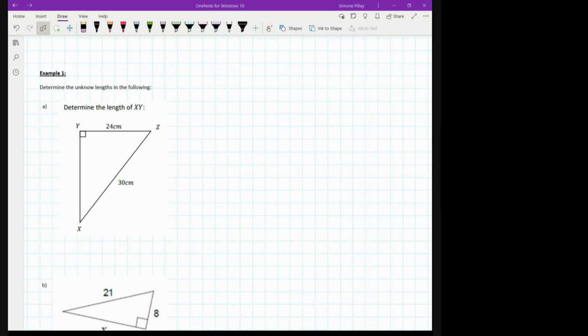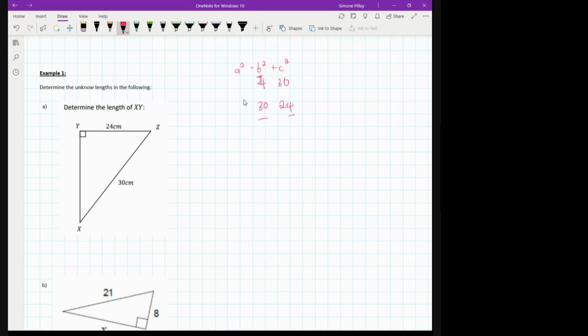So are you talking about here? We know that the Pythagoras theorem is that A squared is equal to B squared plus C squared. So you're saying instead of putting B in here, you put in, let's say, 24 and 30. Are you asking me if it'll give you the same answer if you put in 30 and 24?